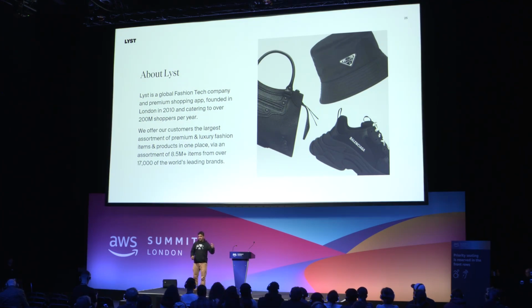Of course, there's a whole bunch of machine learning models and development that has gone into that. And then once the data is into Lyst in a standardized, uniform way, we have the second problem, which is how do we help our customers find the product that's right for them out of these 8.5 million? That's where OpenSearch and semantic search comes in.